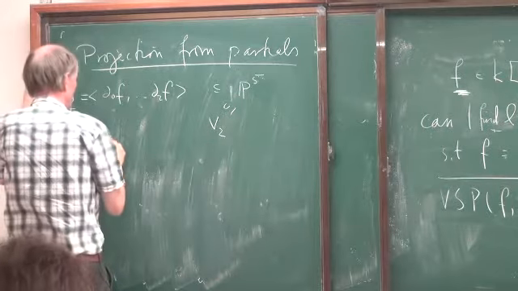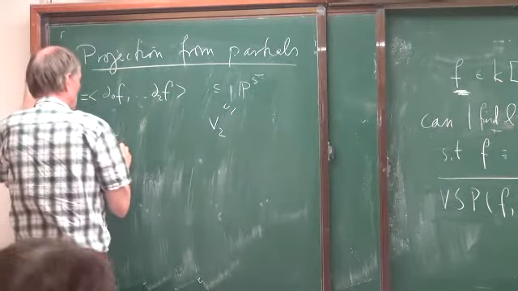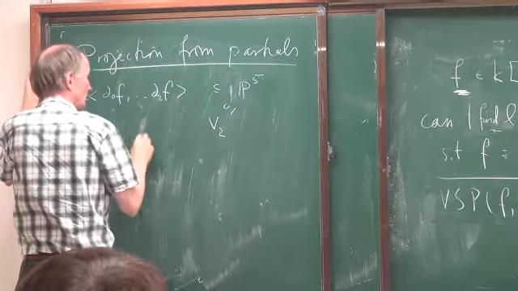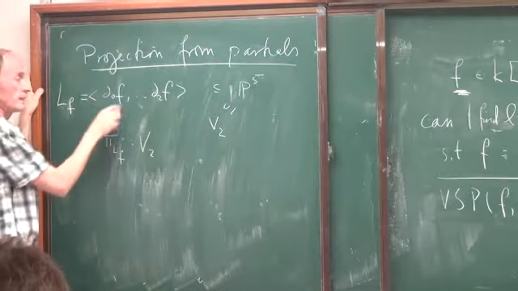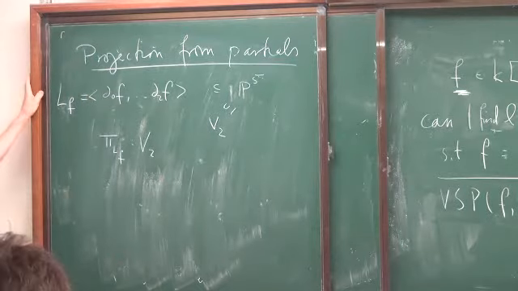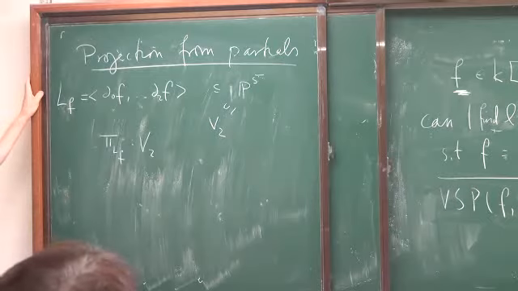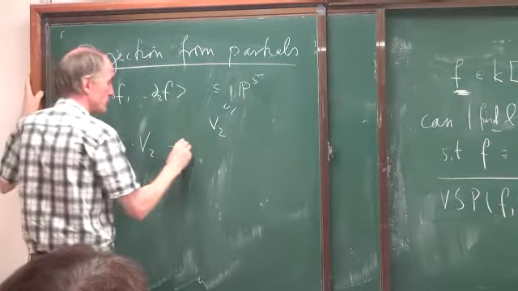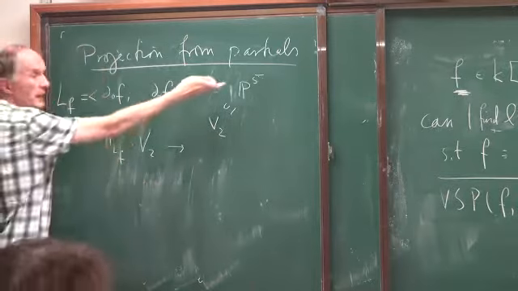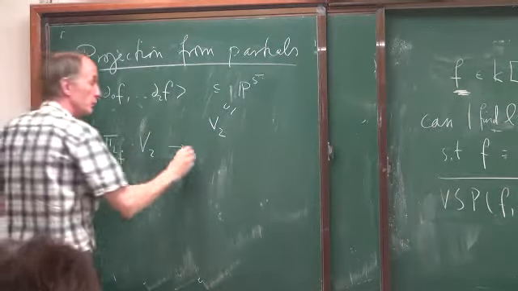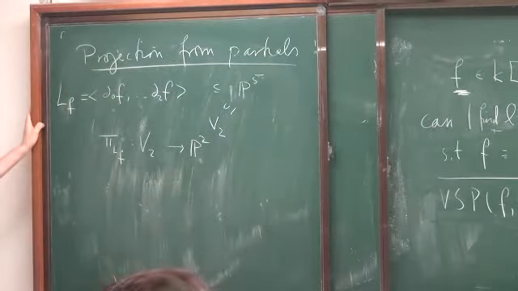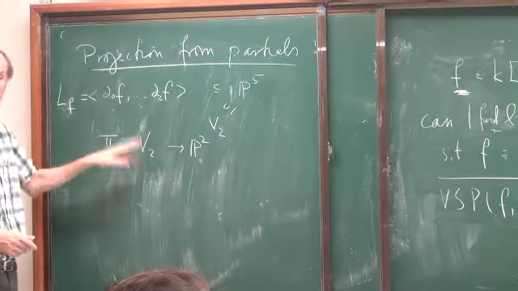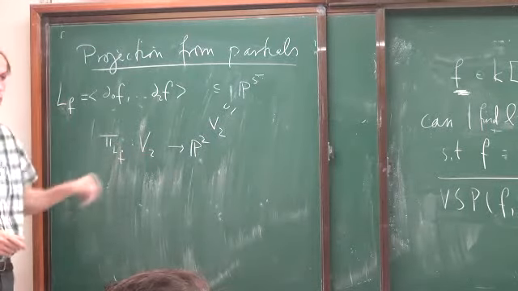So now what I do is I project the Veronese surface from that linear space. Then I map V2, projection from a plane in P5, that maps you to P2. That's a linear projection of the Veronese surface down to P2.